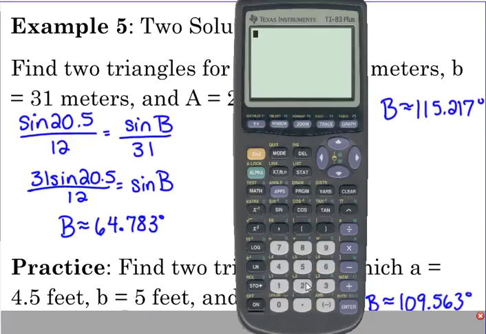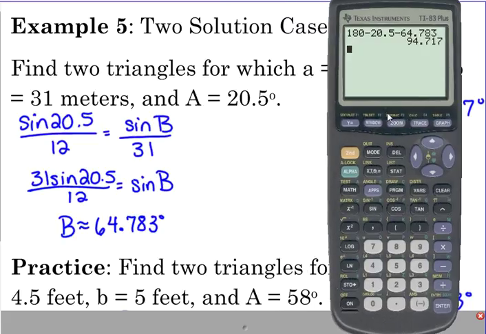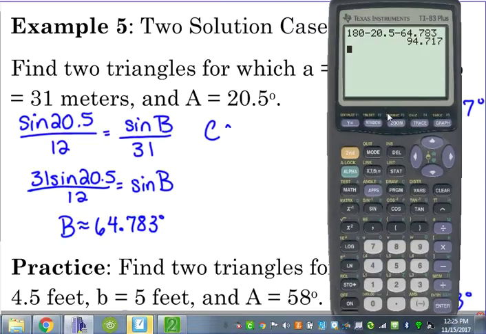So if we have 180 degrees minus 20.5 minus 64.783, that means angle C is 94.717.